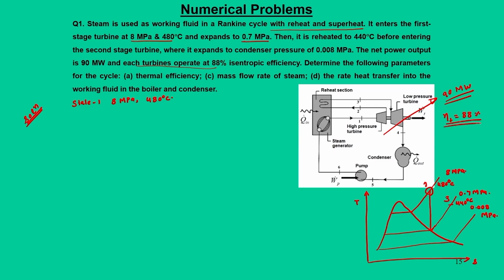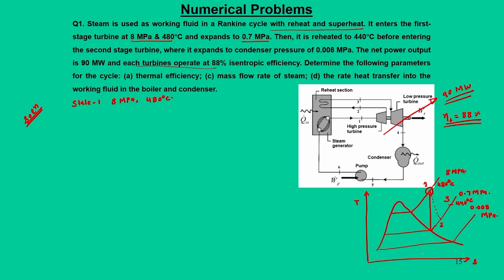So, this makes us aware that state 2 has to take into account the isentropic efficiency of the turbine. For that reason, this is an irreversible process.